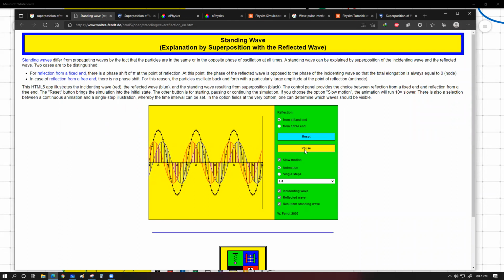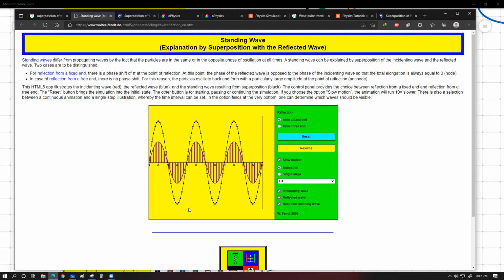They're still moving from node to antinode, and right there. So exactly after T/4, did you see the T/4 thing?